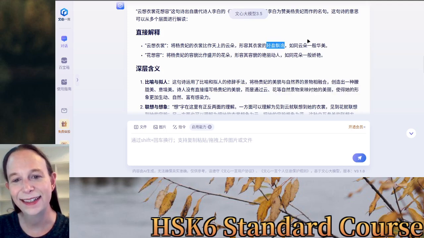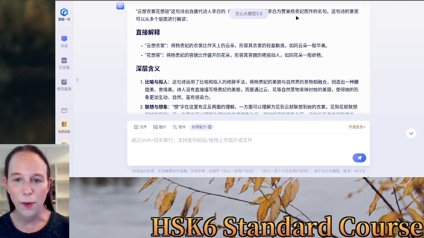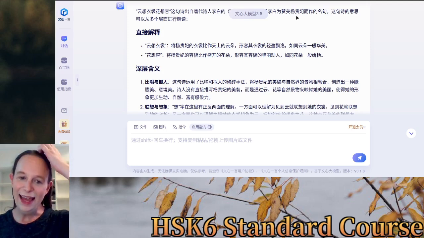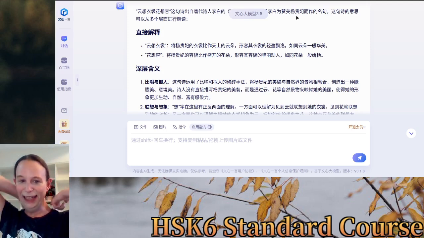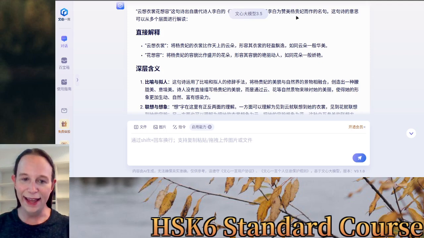The elegant. Beauty, etc. 如同云朵，一般华美. Okay, so as elegant as a cloud? Maybe graceful and flowing like a cloud. Okay, so that's Yang Guifei's clothes.